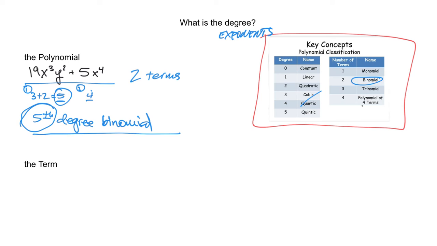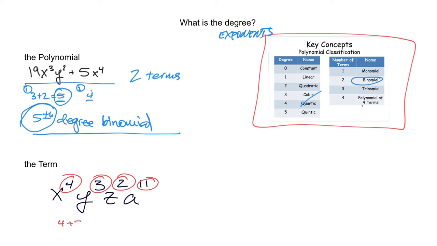So when I'm looking at a term, I don't know if you noticed, I had two different variables. I had x and I had y. What if I have another variable? And then another variable? Well, when I'm determining the degree of this term, this is all one term. These variables are not separated by addition nor subtraction. I'm going to add the exponents together.